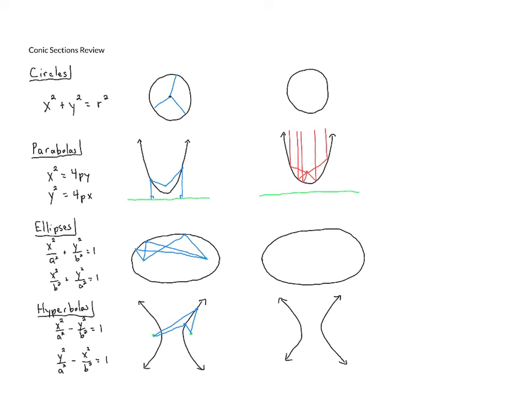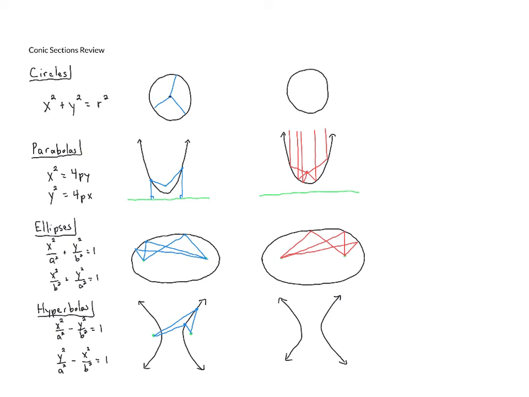Now, if we look at an ellipse, remember we've got the two foci, anything that comes out from one of the foci will get reflected off of the edge of the ellipse, and it gets reflected into the other focus. So no matter what angle we're going from one of the foci, it gets reflected into the other.